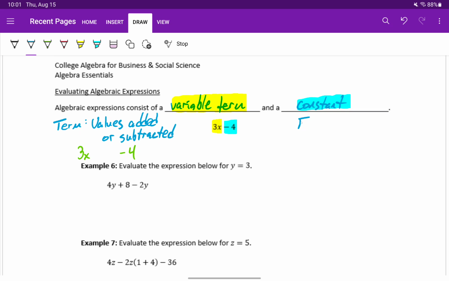We also have factors. Factors are values that are multiplied together. So in this case, we would have factors of 3 and x in that first term.